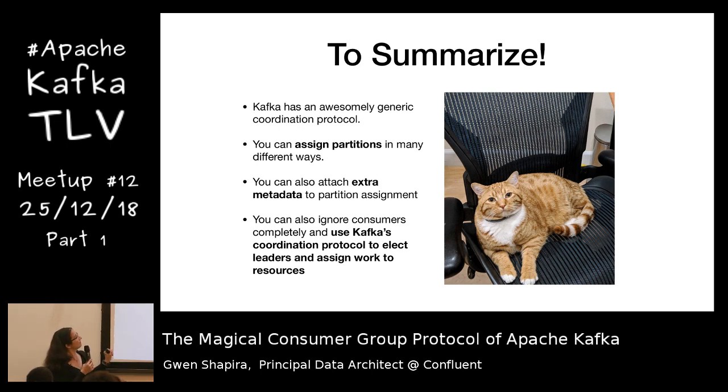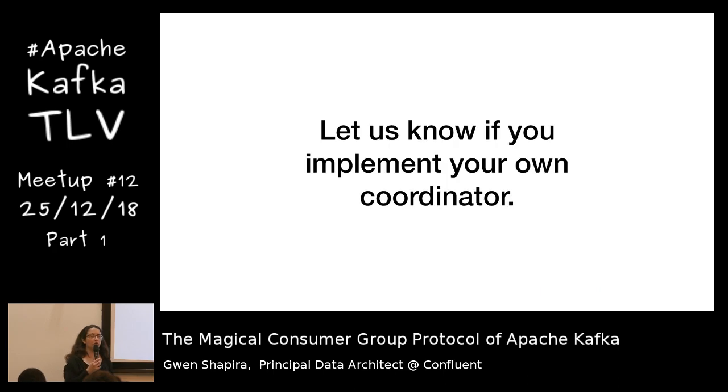And next, I think that's the last one. If you do implement your own coordinator, if you override our private APIs, please let us know. Just write to the Kafka user or Kafka developer list of Apache Kafka. It's super important to let us know for two reasons. One, so we can give you advice and be happy that people use our awesome work.